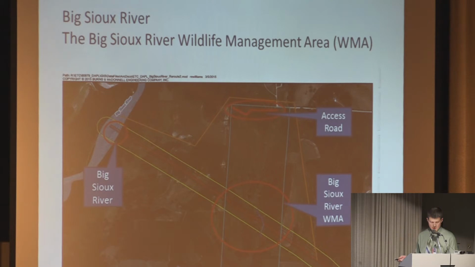At the Big Sioux River Wildlife Management Area, right here in this circle, they plan to use open cut trenching along 1,500 feet of public ground to install the pipeline, which will affect 3.52 acres. The trench will be 8 feet deep, 12 inches wider than the pipeline width. Again, the pipeline is 30 inches.